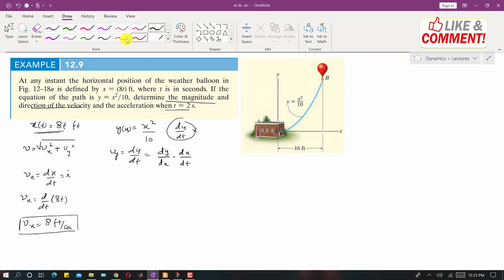So this will cancel out, and we will be left with dy by dt, which we are finding. So Vy will be dy by dt. Now we apply this chain rule.